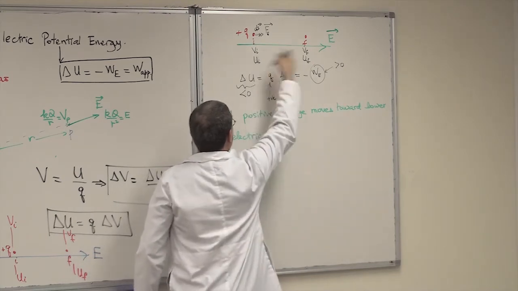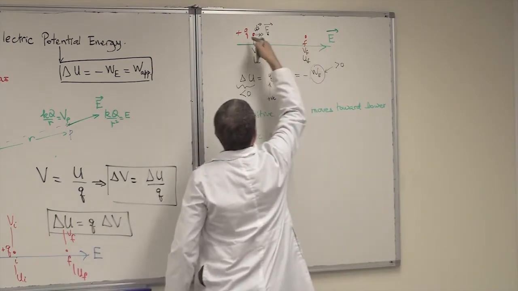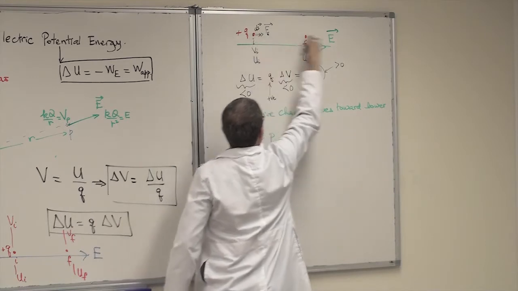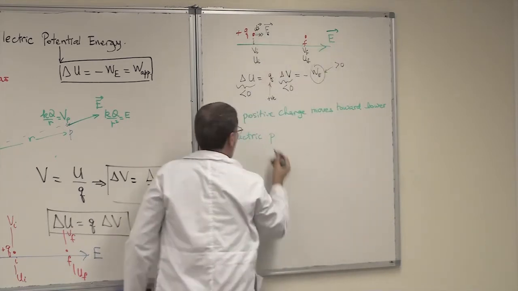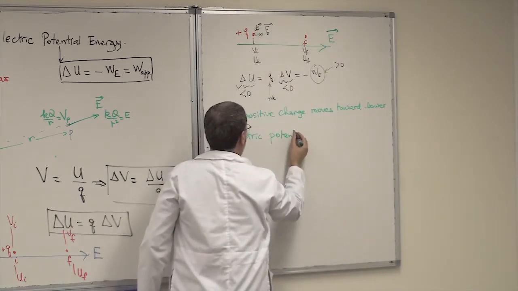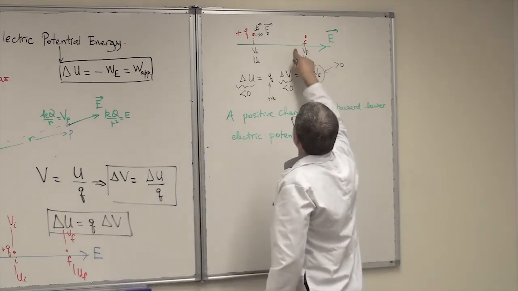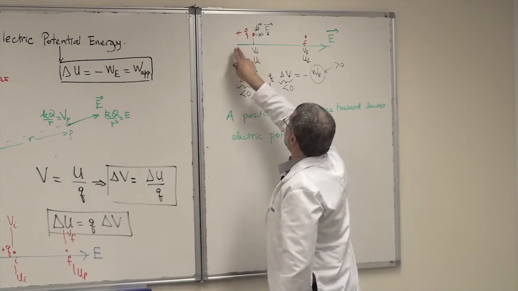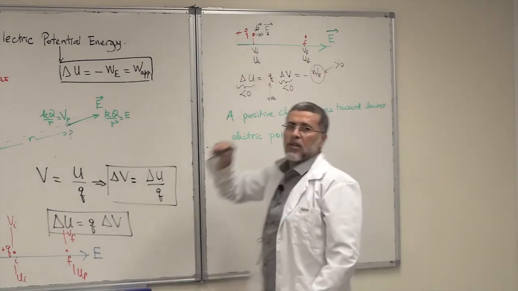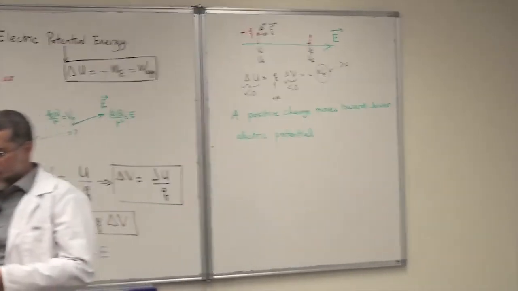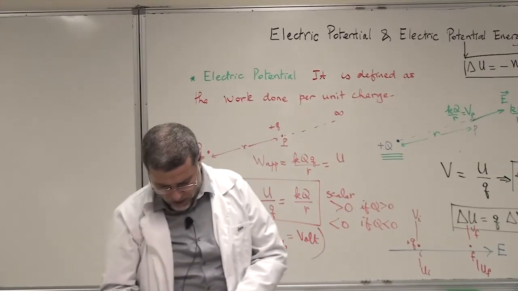Because according to this figure here, V here is less than V here. And I hope you understand that the potential here is less than here, less than here, less than here. As you move with the electric field, the potential decreases. Very important concept, my son, to understand this point.